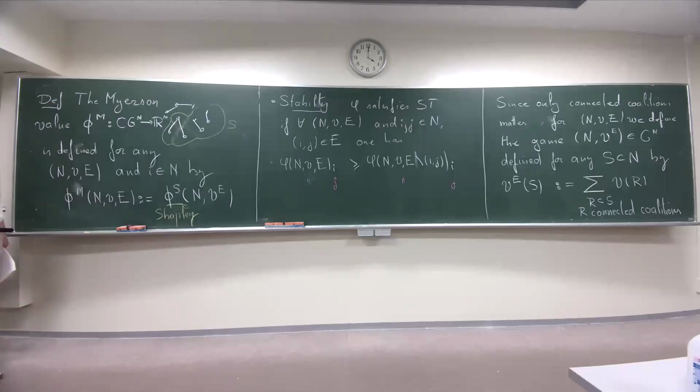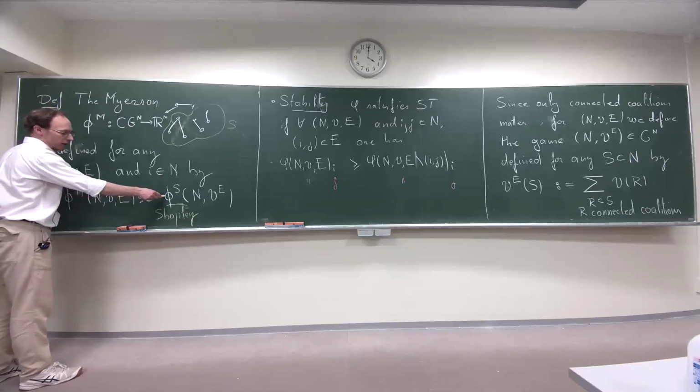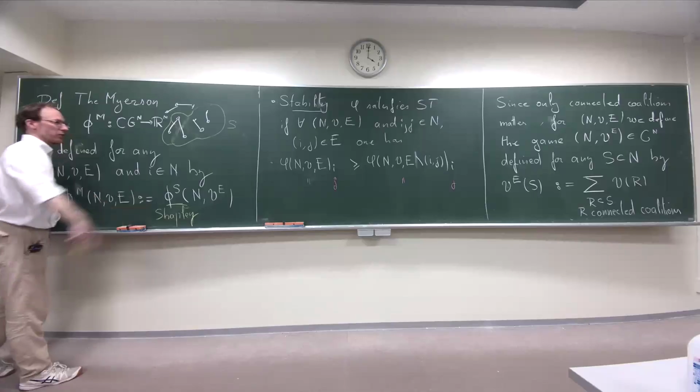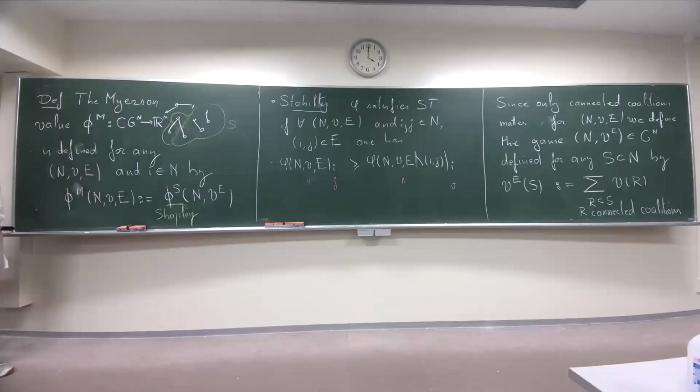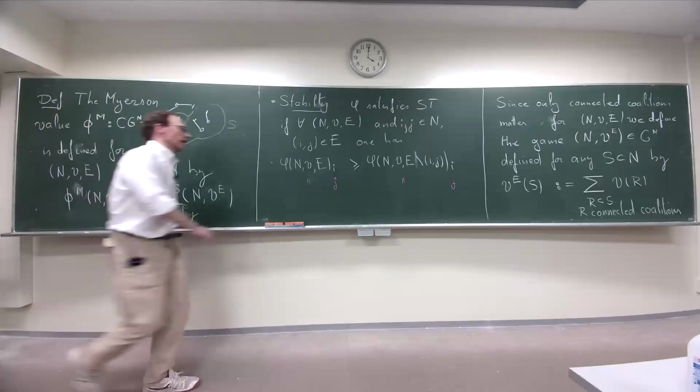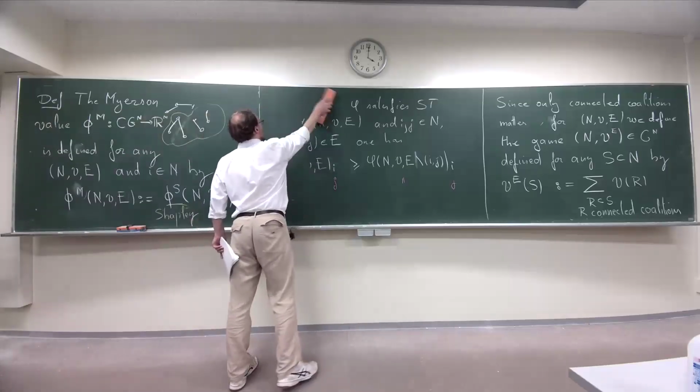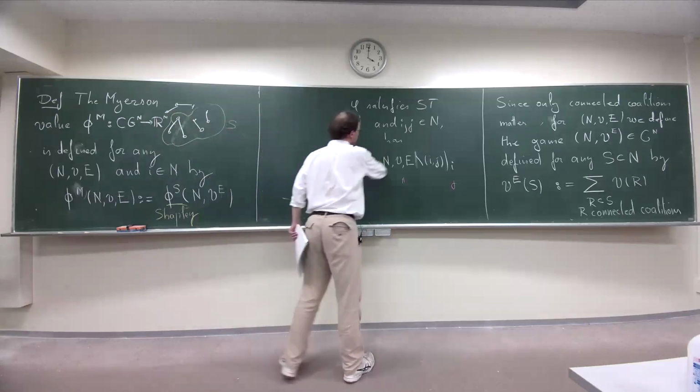So everything is well defined. This was defined last week. This is just defined for any TU game with communication graph, and I give these definitions. You can be lazy. The right-hand side is well defined. You give your name, put your name instead of M, and the definition is fine. And what is the theorem now? That this is the best solution.